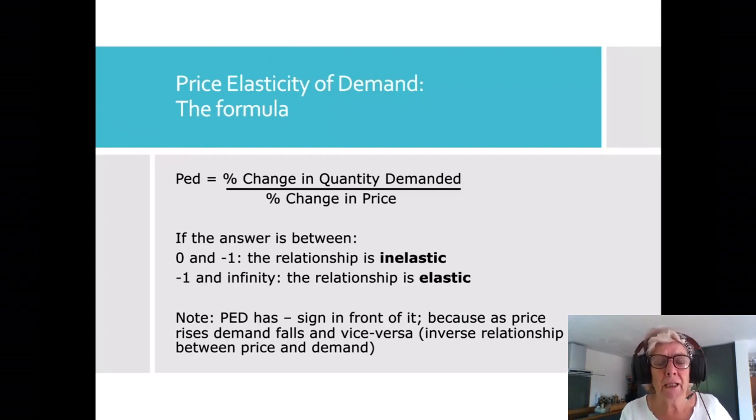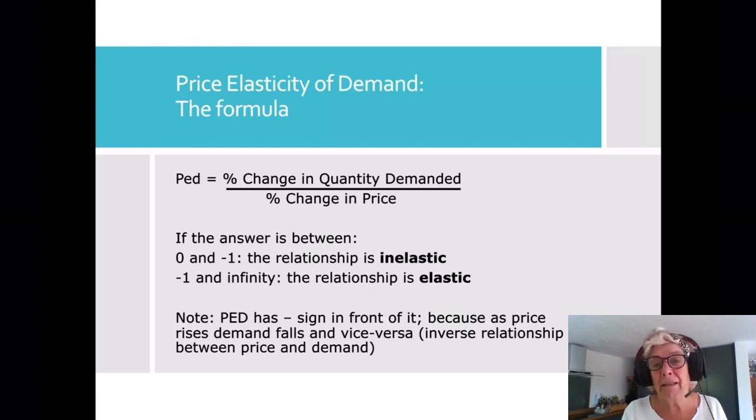Okay, there is a formula that enables us to calculate precisely the price elasticity of demand of a good or a service. We don't need to worry about calculating this formula too much, but we do need to understand that if the elasticity of a good is described as 0 point something, then we say demand is inelastic. If the price elasticity of demand is greater than 1, in other words 1 point something, 2 point something, 3 point something, then we say demand is price elastic.